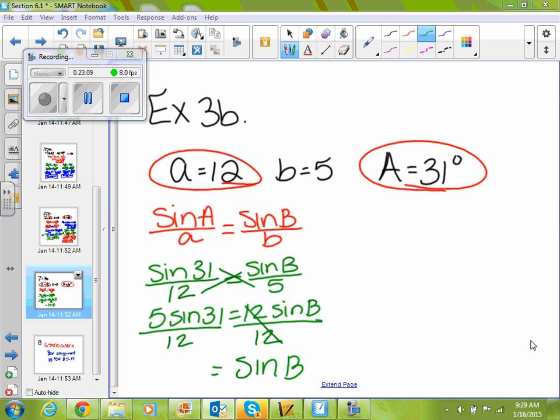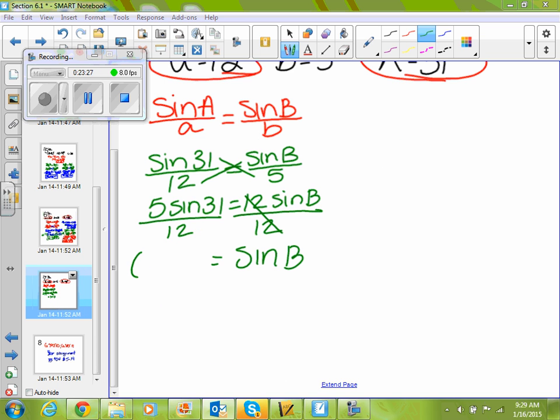So 5 sine of 31 gives me 2.575. If I divide that by 12, I end up with 0.215.